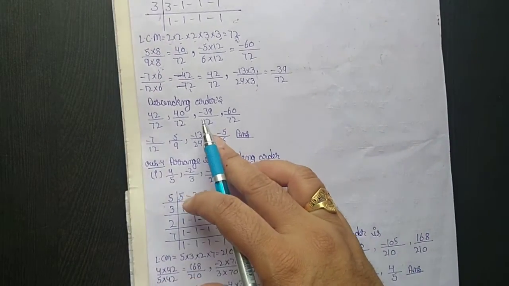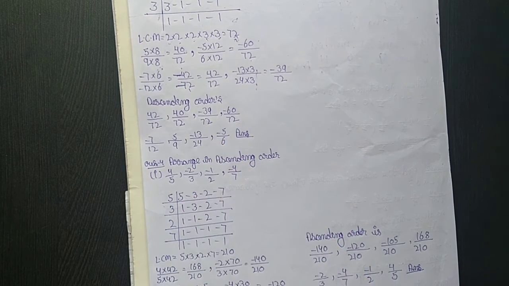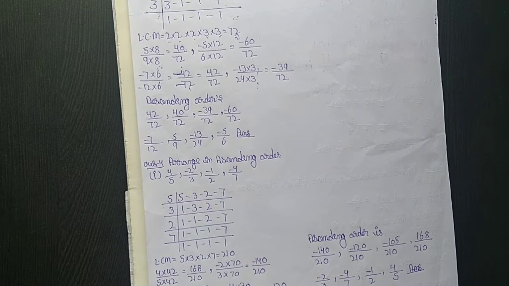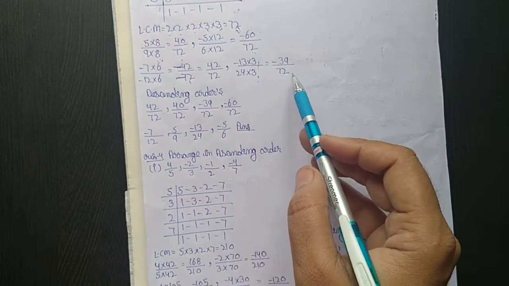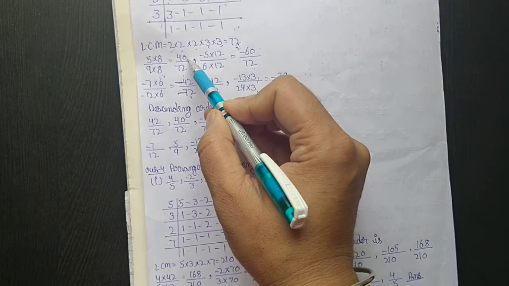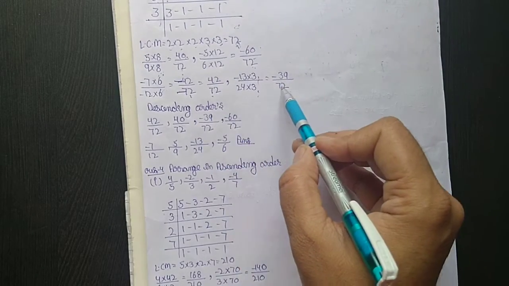Then we will write in descending order. Descending order means first of all we will have to write the greatest number, then smaller, smaller, smallest. So the denominator is 72, we will see from the numerators.